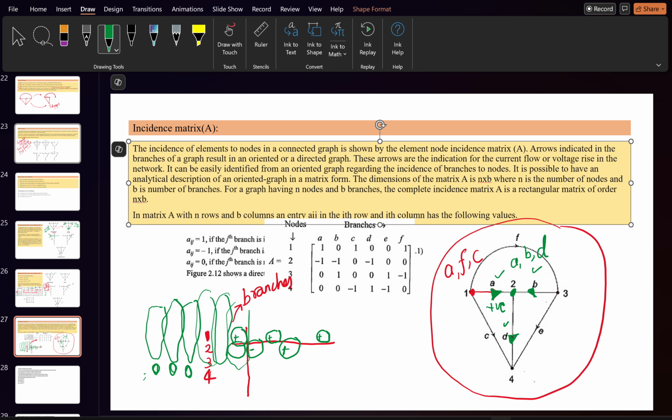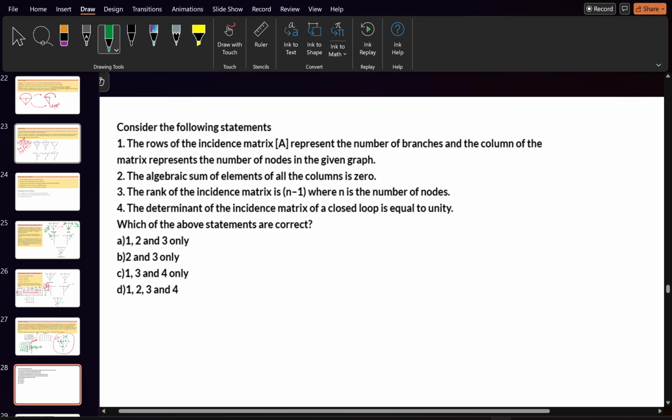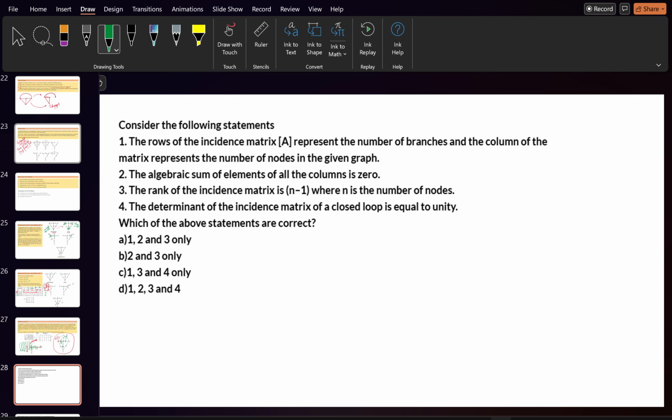So let me take one question that will clarify this more. If you see, there are four options. The first option says the rows of incidence matrix A represent the number of branches and the columns usually represent the number of nodes. What is it saying? Suppose you have an incidence matrix.